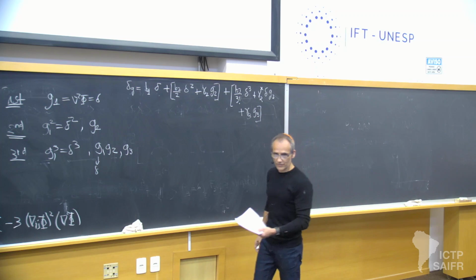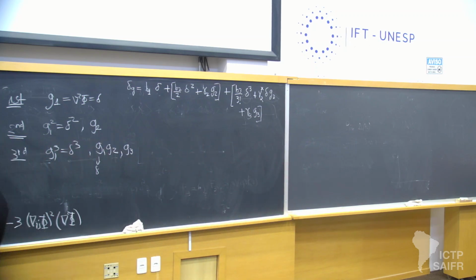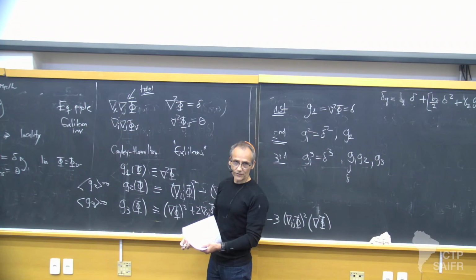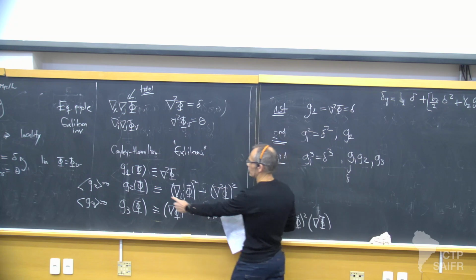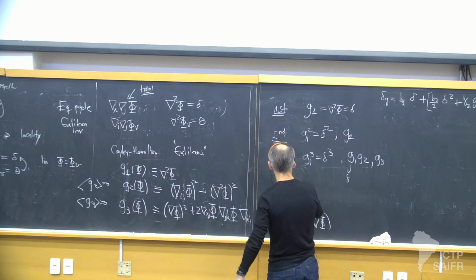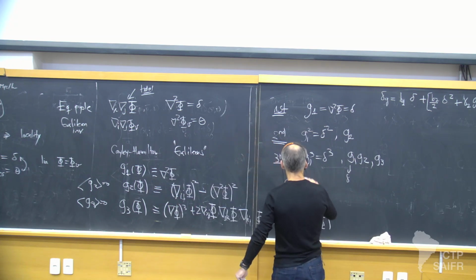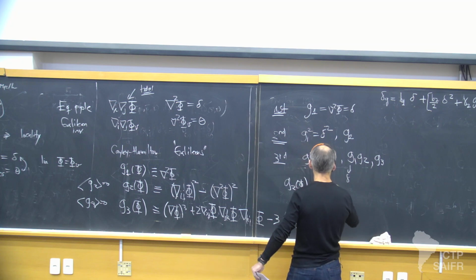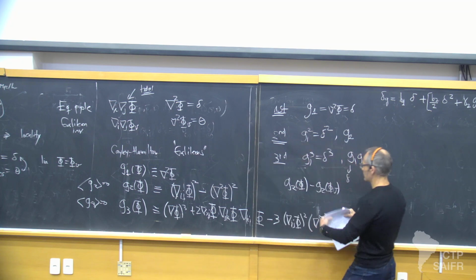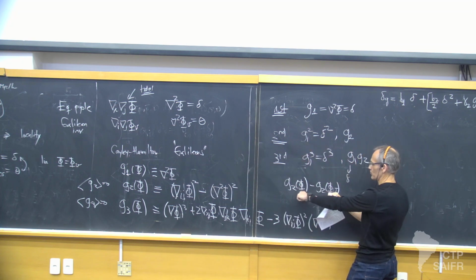Now here is an interesting thing. Another operator that I can build to third order is to take the difference between G2 from phi minus G2 from phi v. Because the difference between this and this appears when I consider quadratic corrections to these guys.